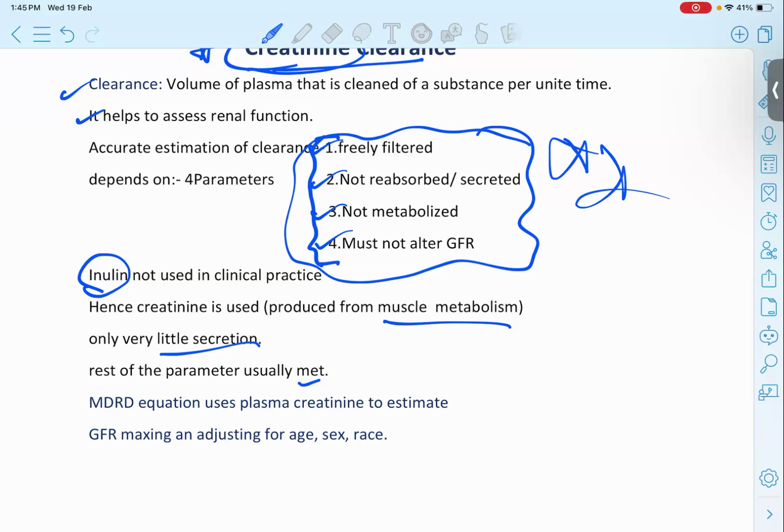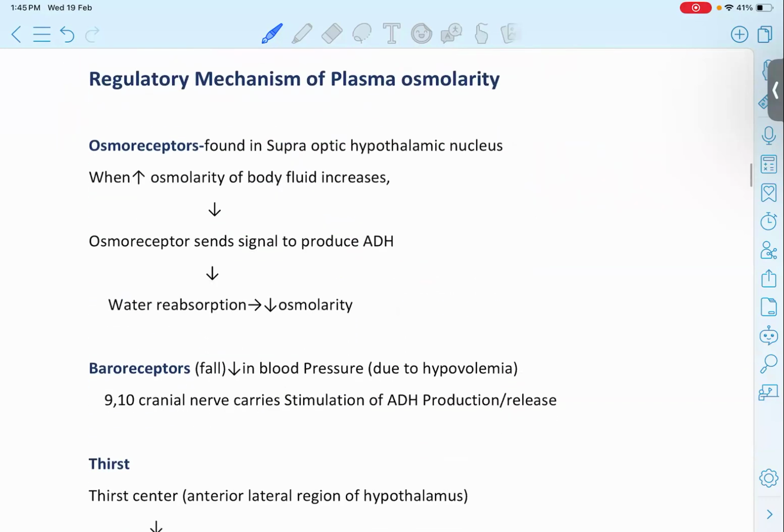You don't need the equation; I don't think it's important for the exam. But just know that the MDRD equation uses plasma creatinine to estimate GFR, and it depends upon age, sex, and race. Just know this line, that is enough.